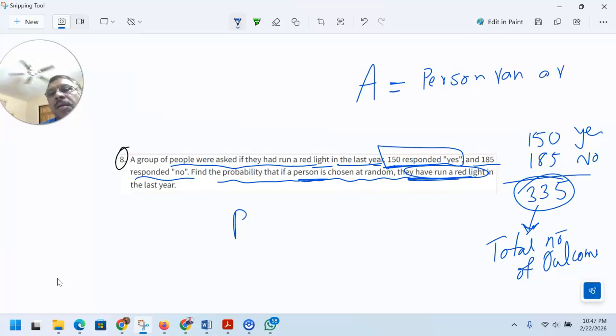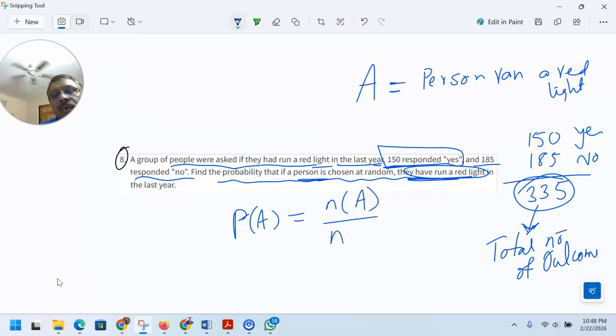We want to know the probability of this event A. It is the number of outcomes favoring the event over the total number of outcomes, that is the sample space. Those who said yes are 150, so you put 150 here, and the total at the bottom is 335.